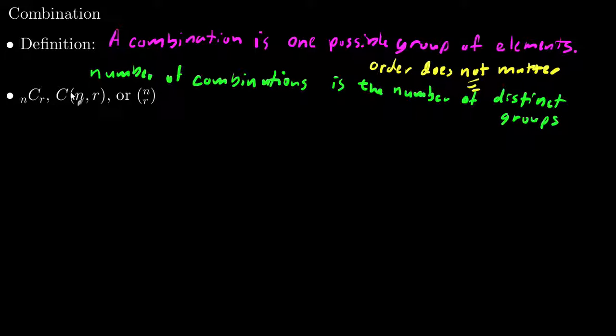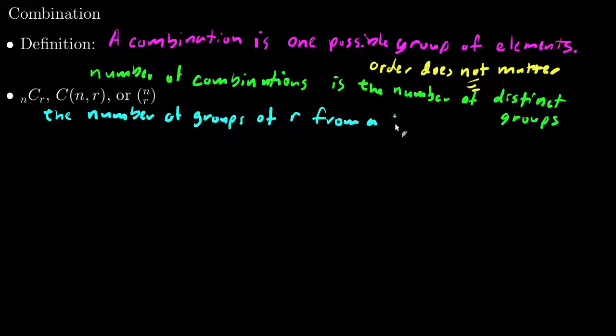So nCr, or C(n,r), or this notation with n over r, are all ways to figure out the number of groups of r from a total of n elements.